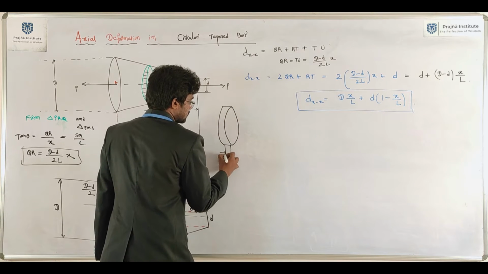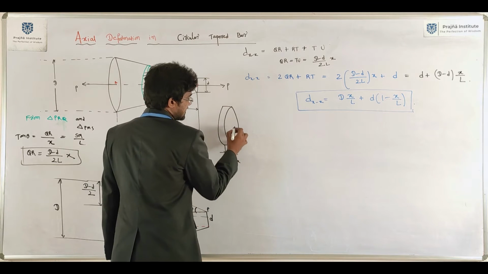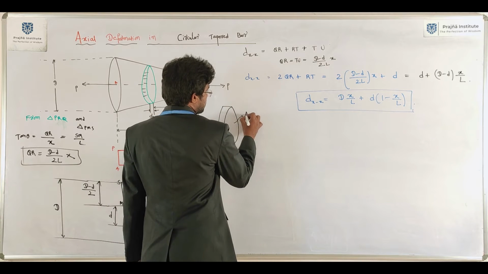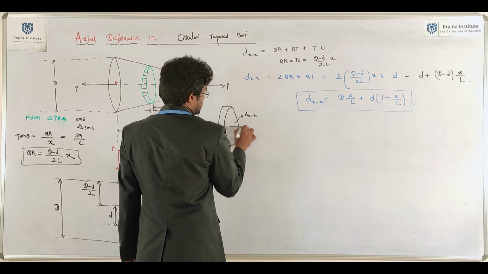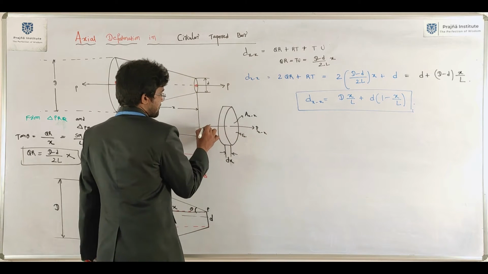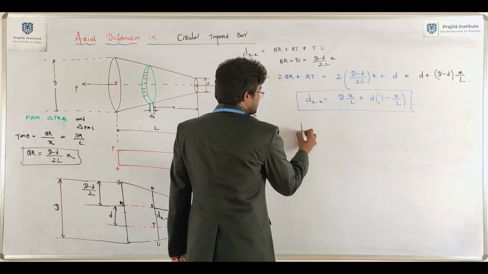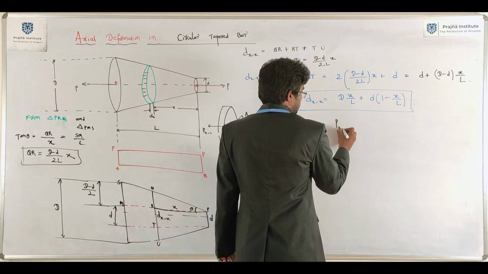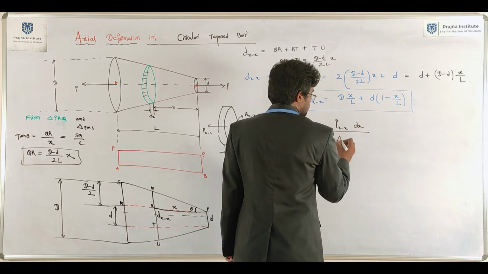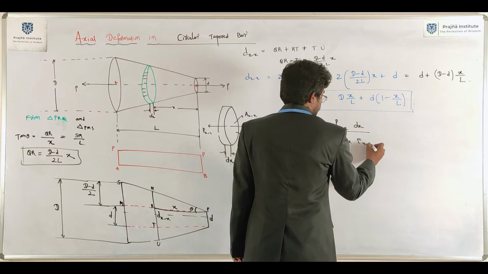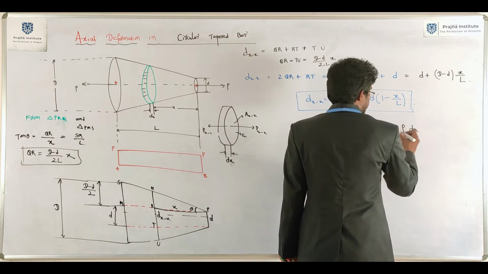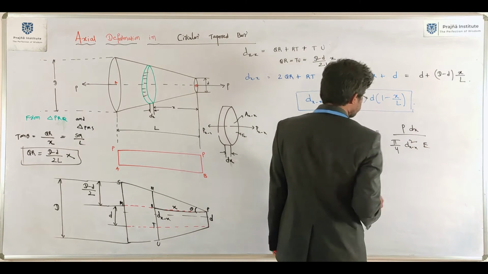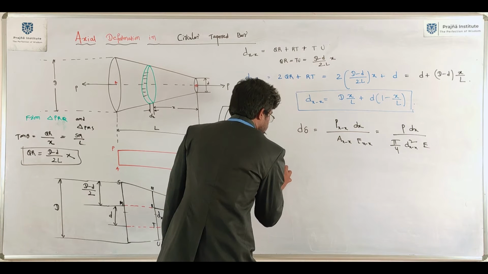Here to here it is dx, the length of the element, with area Axx and modulus E, acting force P. The axial deformation in the element is P dx by Axx E, which is P dx by pi by 4 into dxx whole square into E. What is the total deformation, tell me?